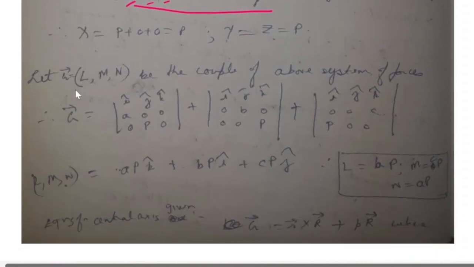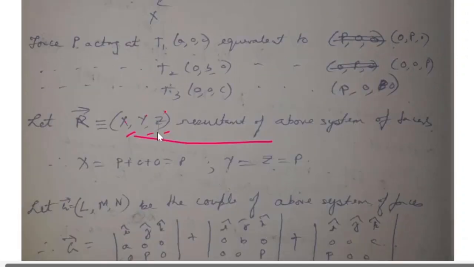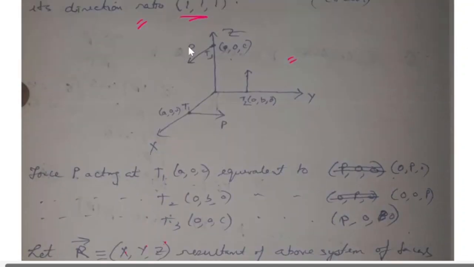Let G be the moment of the couple of the entire system of forces. It is nothing but the resultant of the moment of the first force, the moment of the second force, and the moment of the third force. We find the moment of a force with respect to a point, here the base point, the origin.